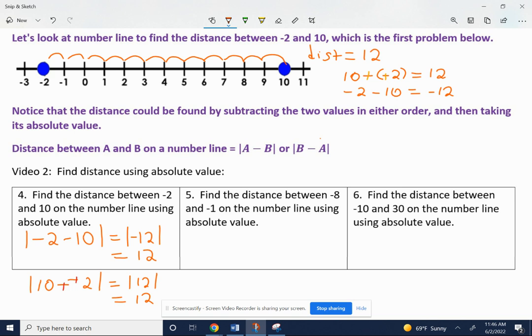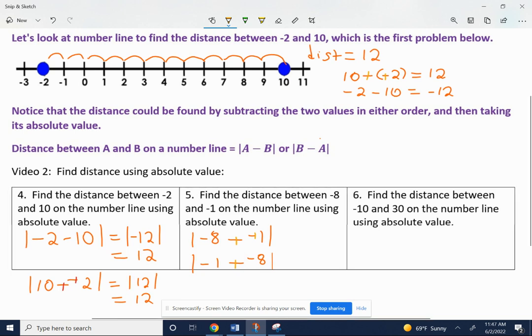The next one, the distance between -8 and -1. You could have done this one of two ways. You don't have to do it both ways. You could take -8 minus -1, absolute value, or you could take the absolute value of -1 minus -8. In both of those problems, you have two negatives in a row.